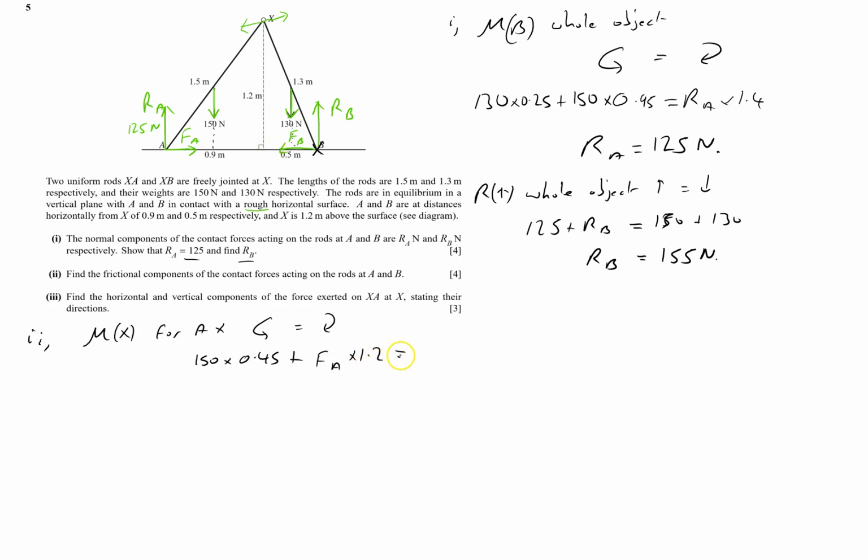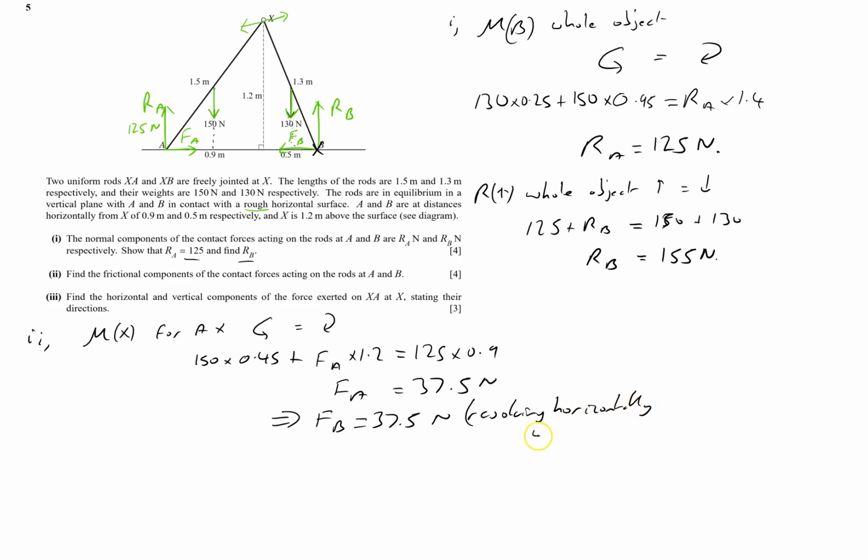It's times 1.2, and that equals my clockwise moment, which is RA, which is 125, times the distance that is, which is 0.9. And that gives me that FA equals 37.5 newtons, and therefore FB equals 37.5 newtons, and that is by resolving horizontally the whole thing. That's what I said earlier on.